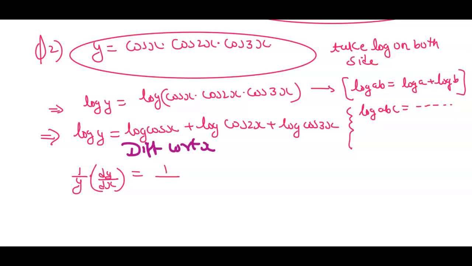Log cos x gives 1 upon cos x, function and angle, then the derivative of cos x. Log cos 2x in a similar pattern gives 1 upon cos 2x into the derivative of cos 2x.